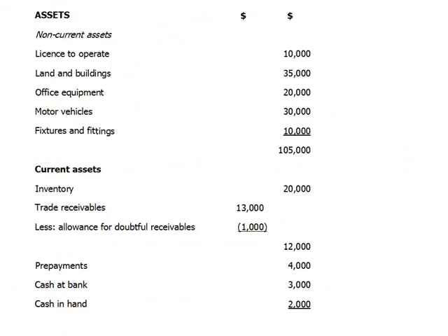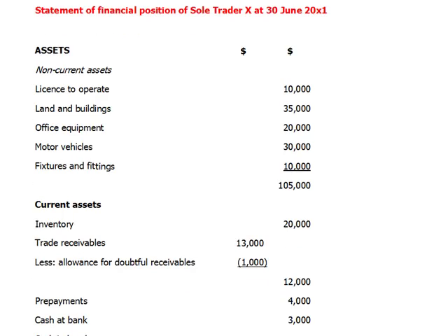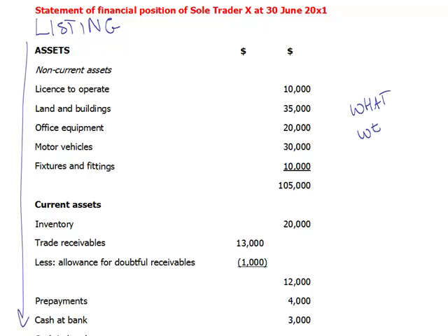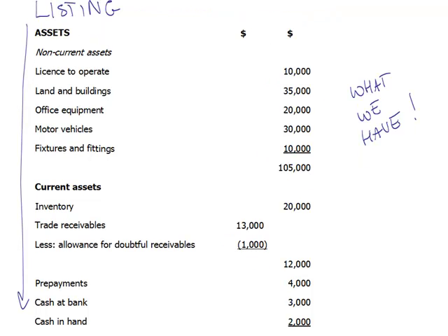Well, that's because of how it looks. Statement of financial position is just a listing of all the assets, so basically what we have, right? It's everything we've got in our business.